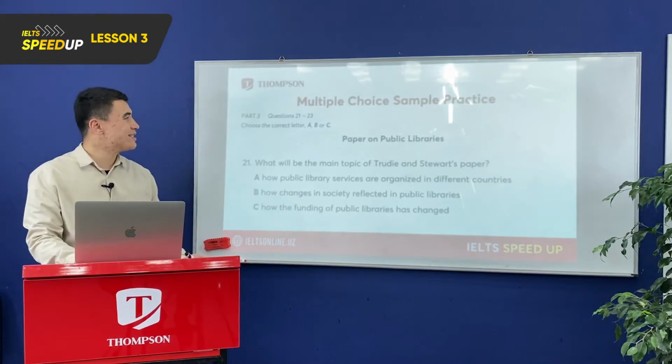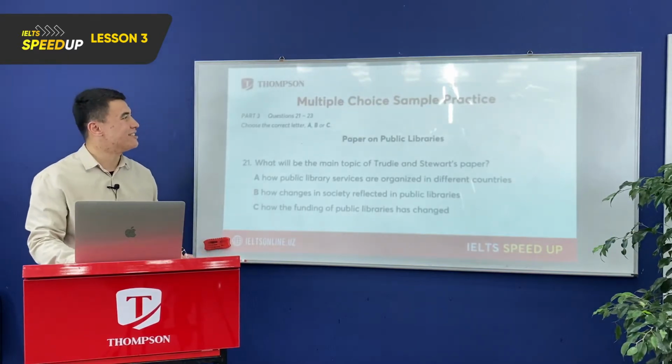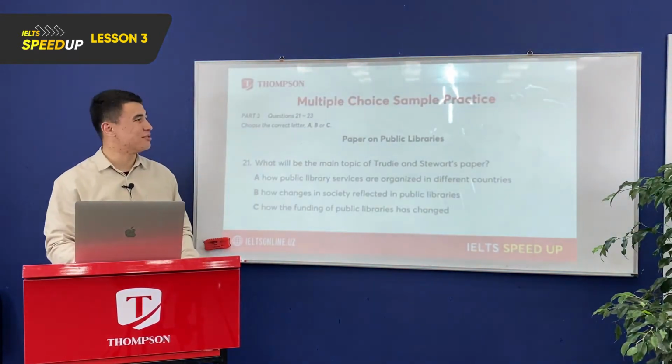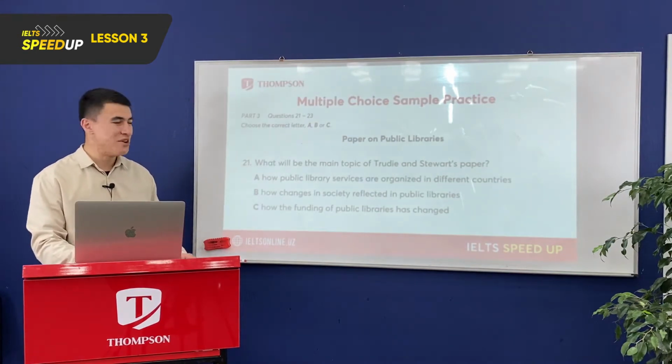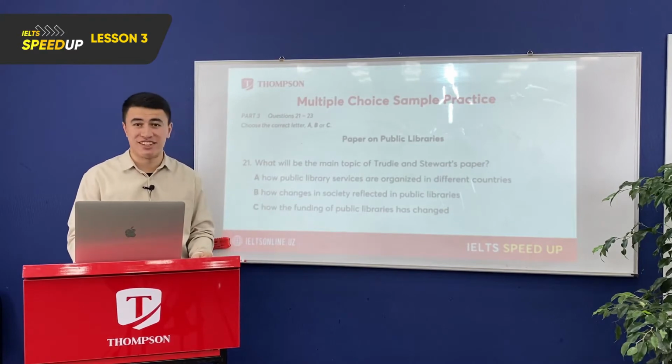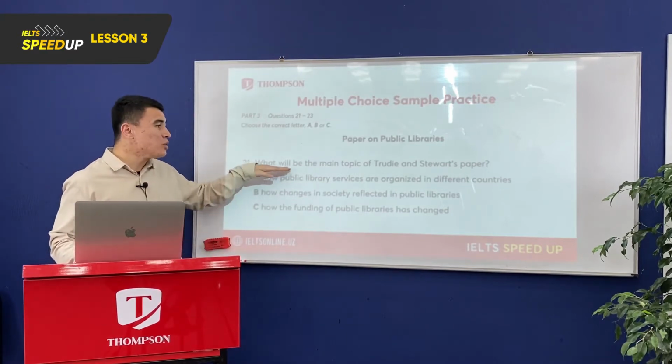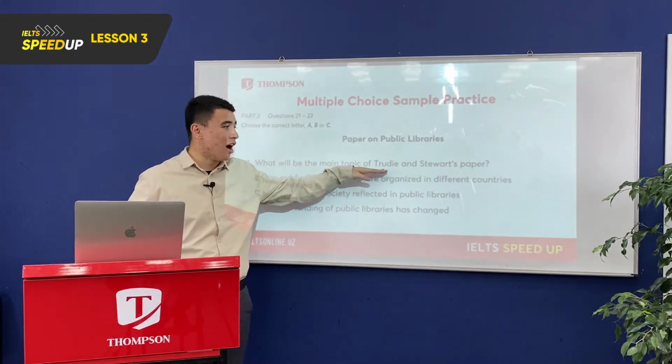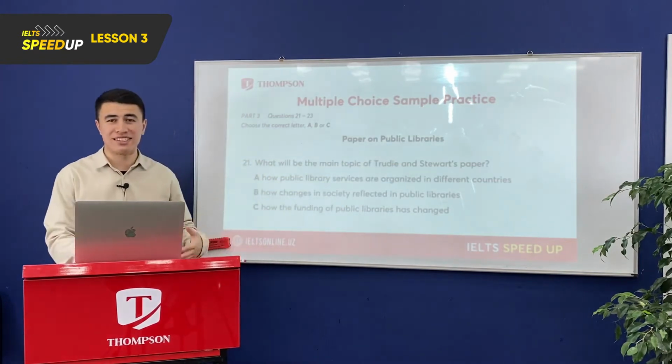So let's start practice. So here you have multiple choice sample practice. First, you should analyze the question and potential answers. So what will be the main topic of Trudy and Stewart's paper?